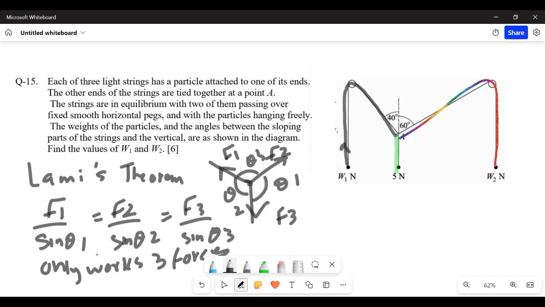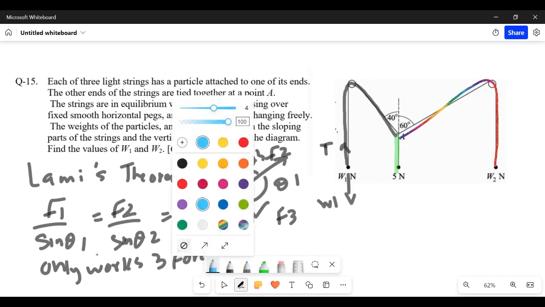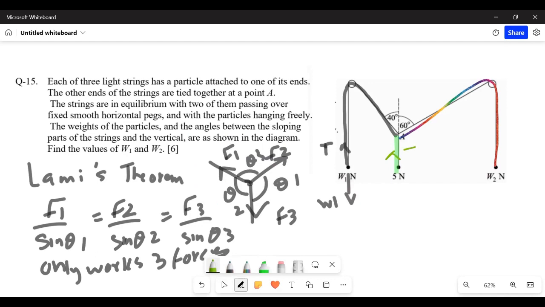So यहाँ पे T1 है upwards और W1 है downwards. यहाँ पे let's call it T2 upwards और 5 न्यूटन डाउनवर्ड्स. और यहाँ पे होगा लास्टली T3 upwards और W2 downwards.